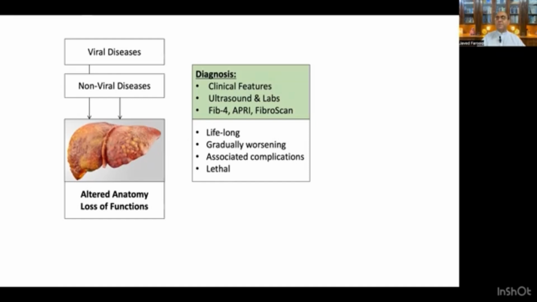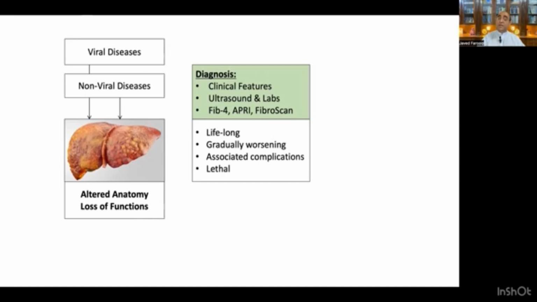Then, in the absence of clinical features, with normal ultrasound and even normal labs, the simple calculators, FIB4, APRI, and if available, FibroScan, are the parameters which help us to establish the diagnosis of liver cirrhosis. So if a patient is hepatitis B positive, C positive, has fatty liver, or has other features like diabetes, please do not exclude the diagnosis of liver cirrhosis.